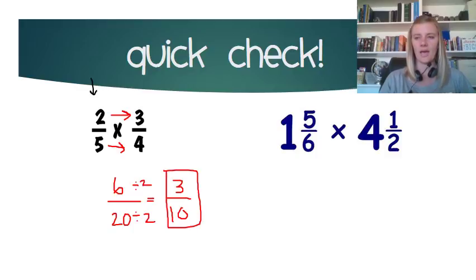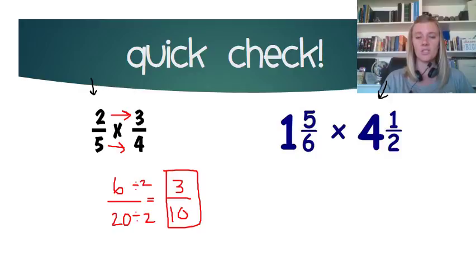Now let's have a look at the right side of the screen here, and we're going to be working with mixed numbers. The important thing to remember about multiplying mixed numbers is that first you have to change those mixed numbers into improper fractions. We cannot multiply with whole numbers in the mix.